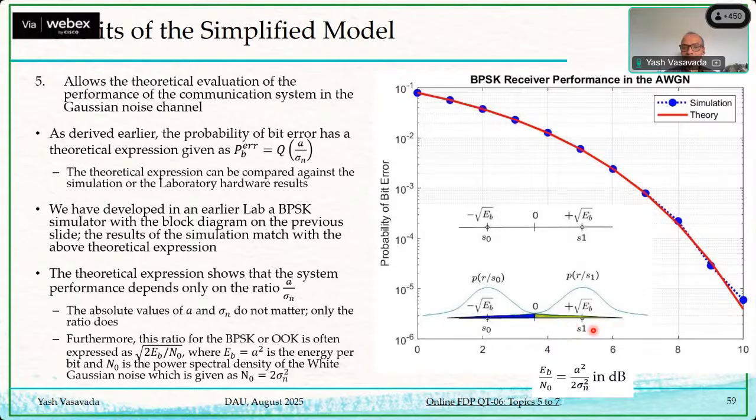If I bring them farther apart, then the tail probabilities will reduce. So what matters is the distance between S0 and S1.